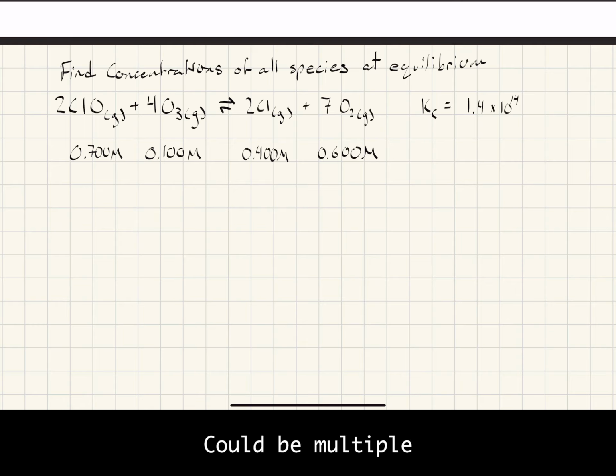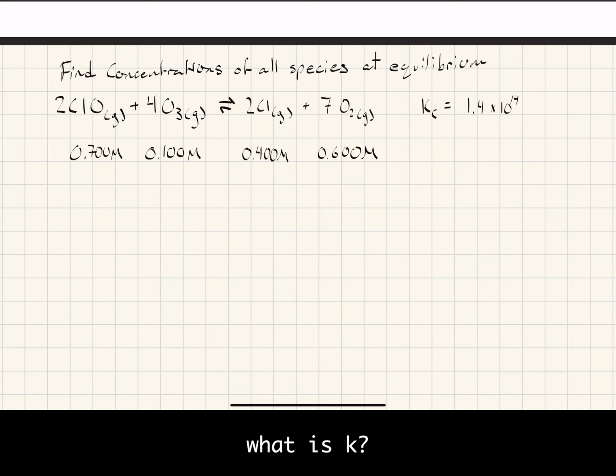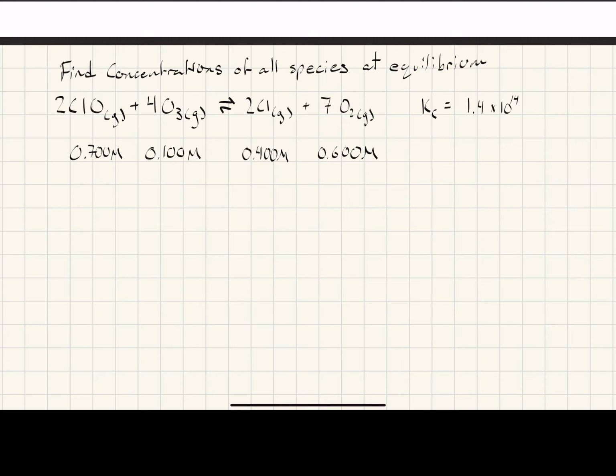Could be multiple good answers. The first thing probably should be, what is K? And is K either very large or very small? In this case, K is very large.